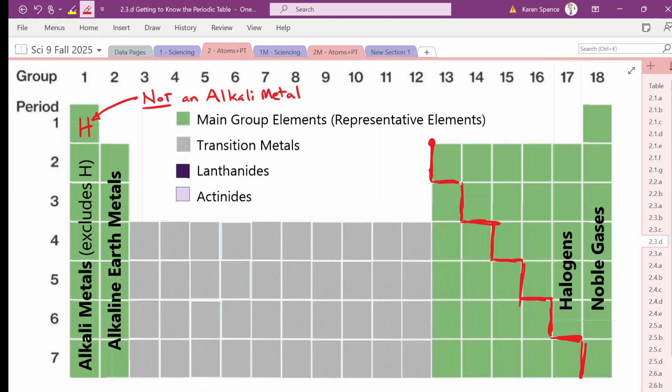If we ignore the metalloids, and if you're like, what are the metalloids? If you look up on that periodic table there, the metalloids are purple. Okay. If we ignore the metalloids, what kind of elements do we have to the right of the staircase?